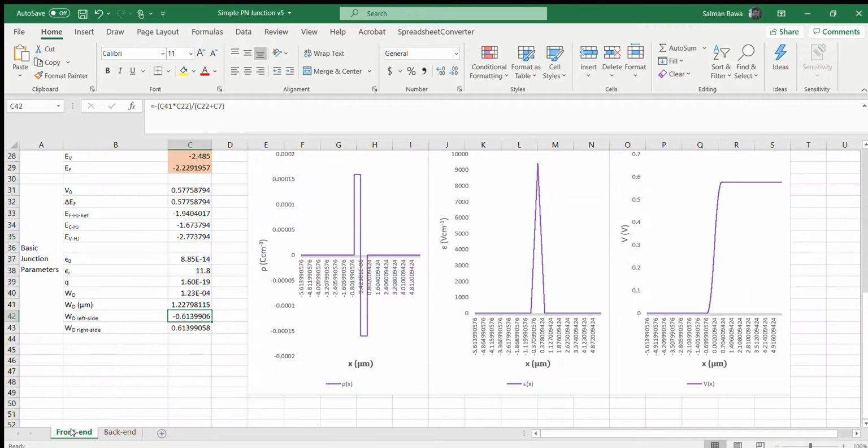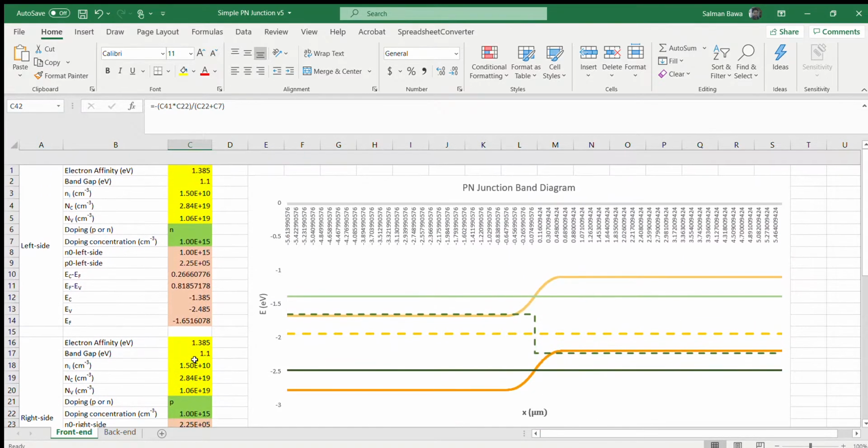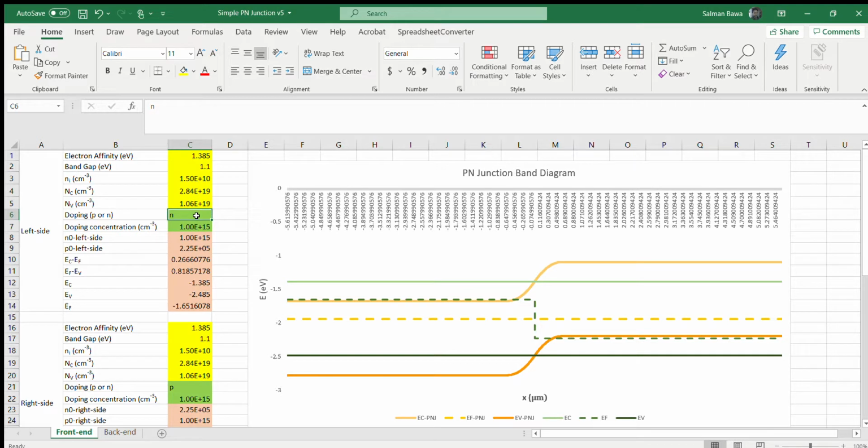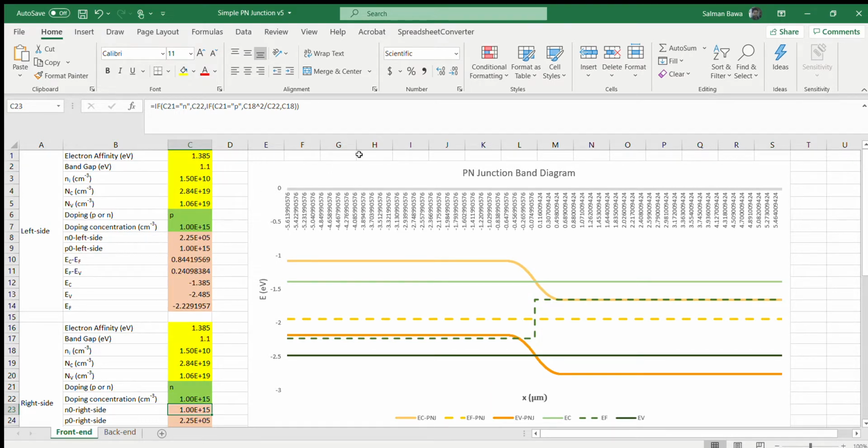We would go to the front end again, and let us see what happens if we change this to p-type, and this to n-type. And there we see the band diagrams now.